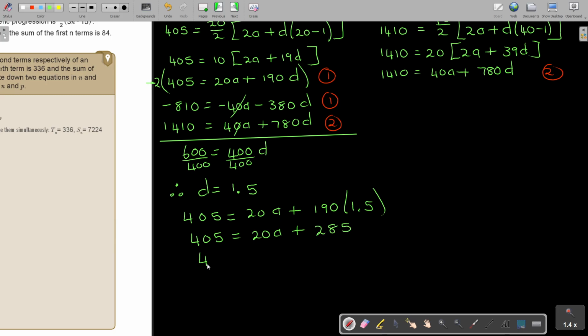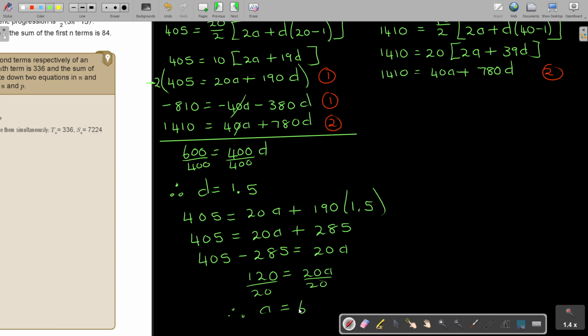Then it's 405 minus 285 equals 20a. And then 120 equals 20a. And I divide by 20, so therefore the value of a is equal to 6.